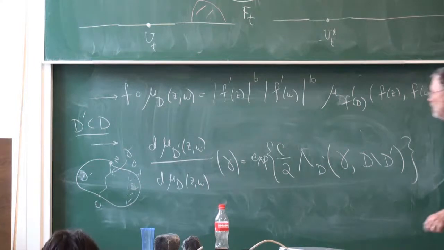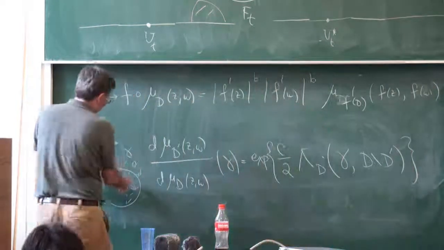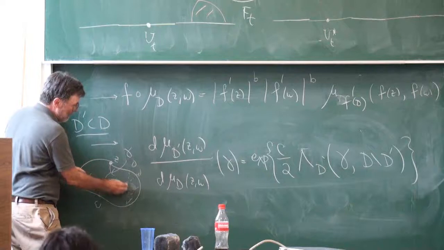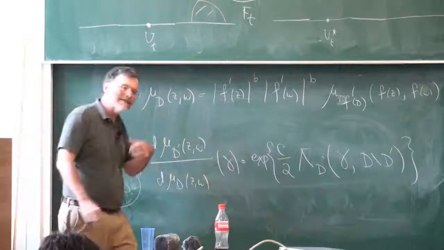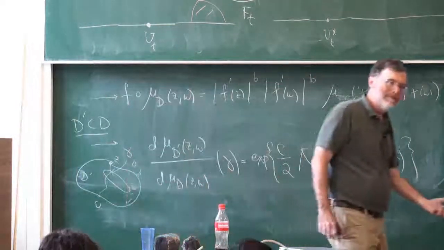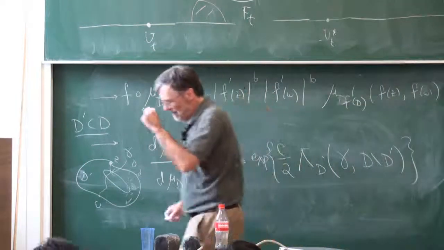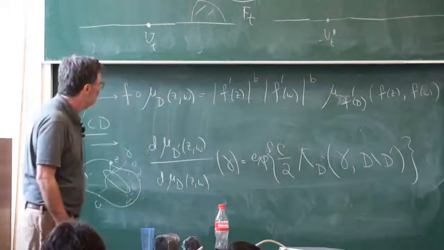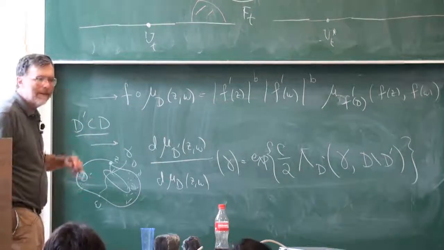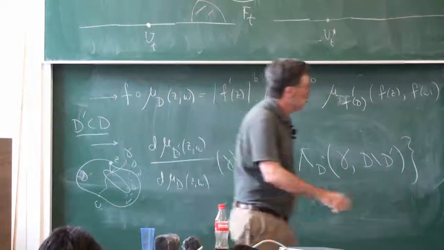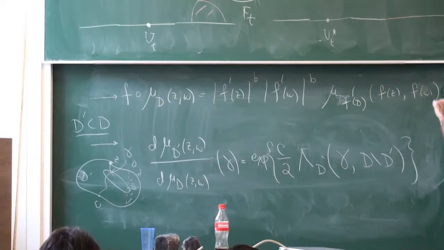And in this case, it would be random walk loops that are in D but not in D prime. But in the limit, that's the macroscopic Brownian loops. And so that's why we would expect that if lambda is equal to minus c over 2, then we actually get this process. Now, if lambda is equal to c over 2.